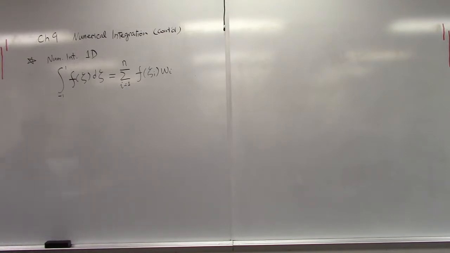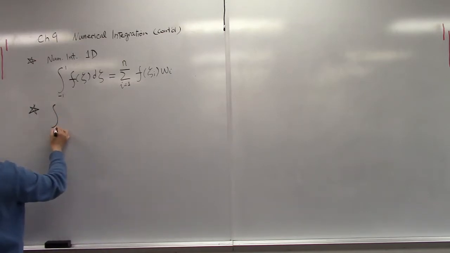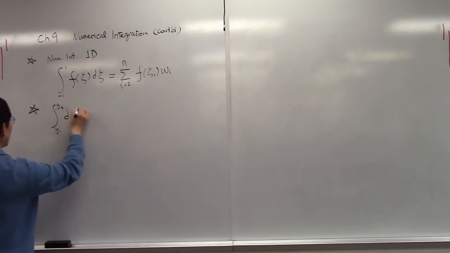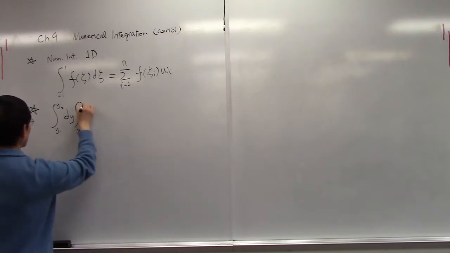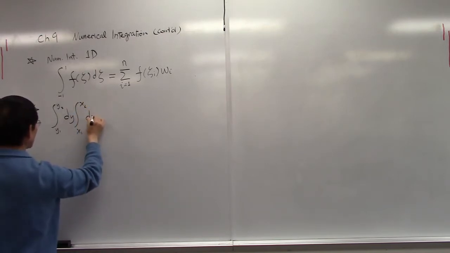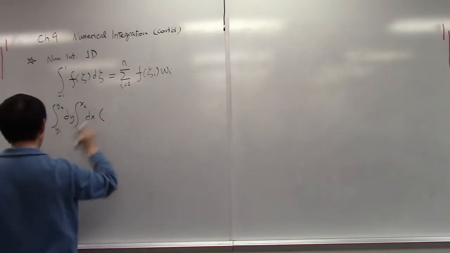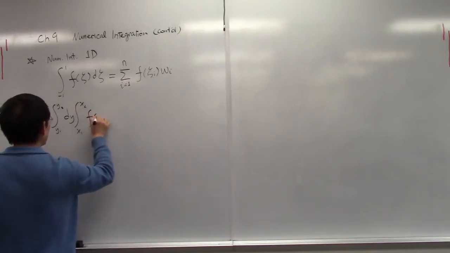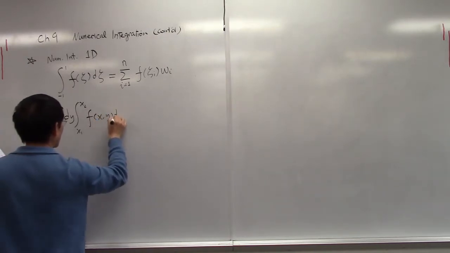Now, if we extend the idea into 2D, let's say we have y1, y2, let me write dy here, and then x1, x2, and then dx. Then with a function, or let me write it this way, f as a function of x and then y, and then dx.